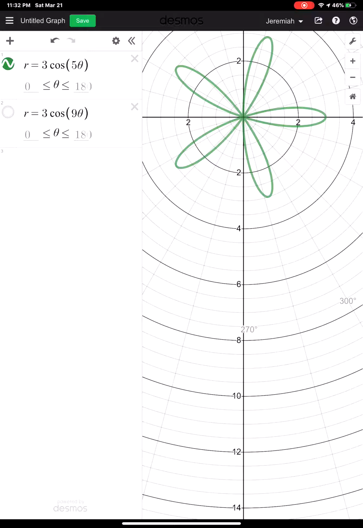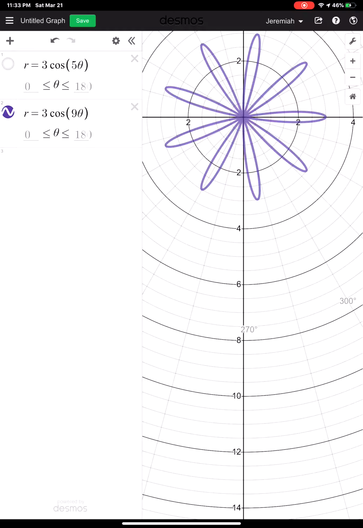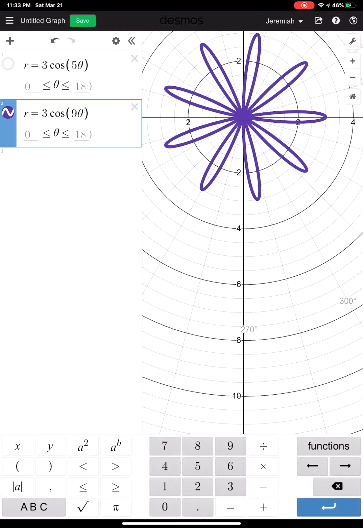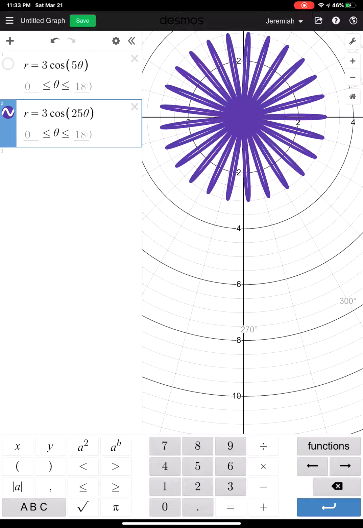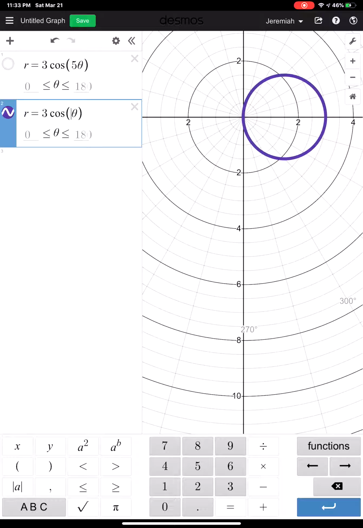I can always just change it. Instead of having 5 theta, I can change that to 9 theta. And there we go. Now she has an even prettier flower. And I can continue to play this game, and she can have as many petals as she wants.